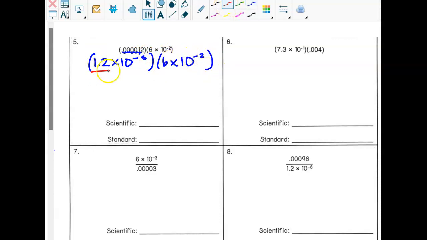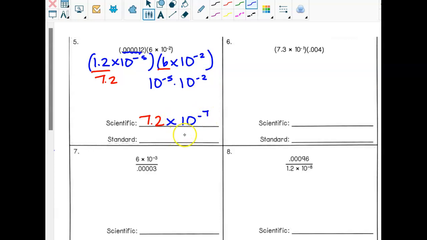So again, our numbers get multiplied. 6 times 1.2 is going to give me 7.2. So 7.2 is the number. And then our exponents, 10 to the negative 5th times 10 to the negative 2nd becomes 10 to the negative 7th.